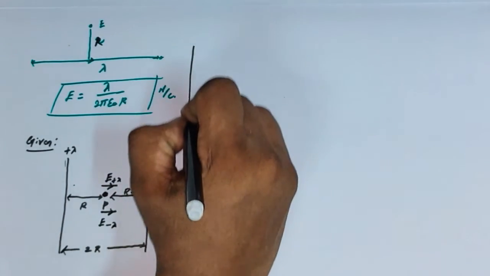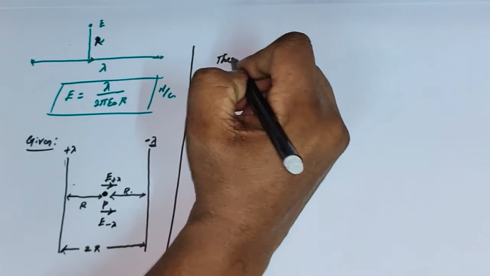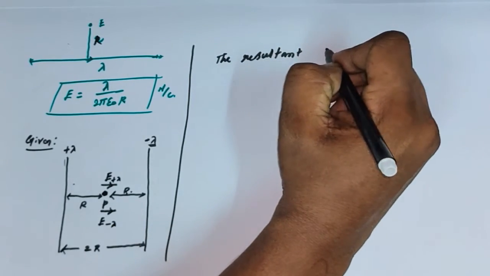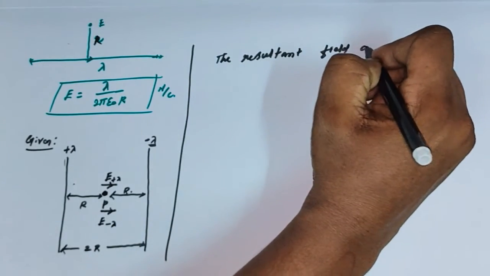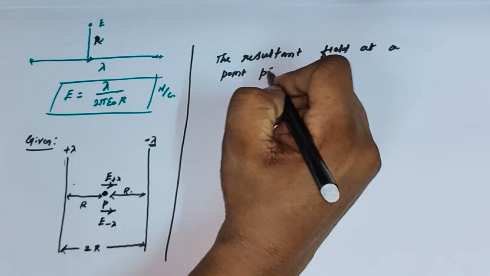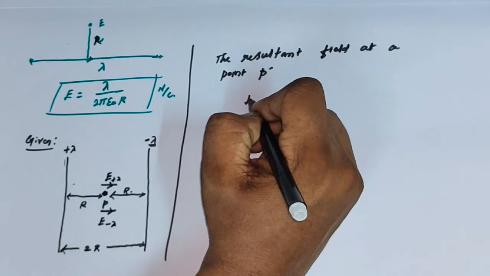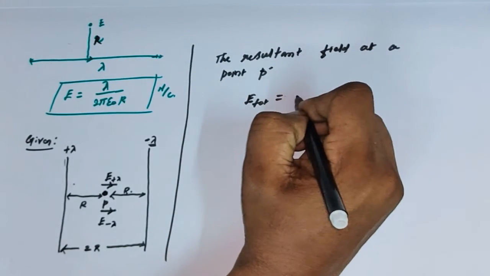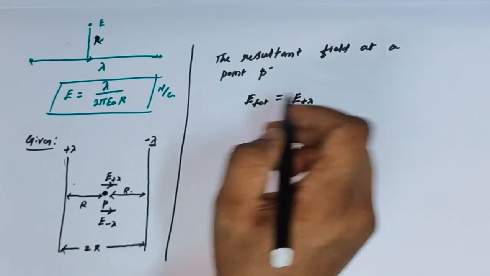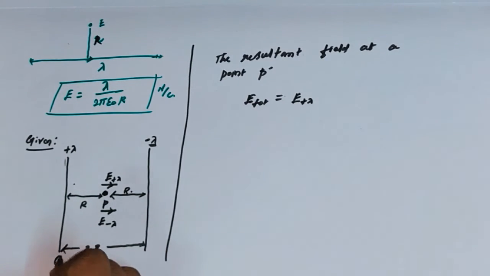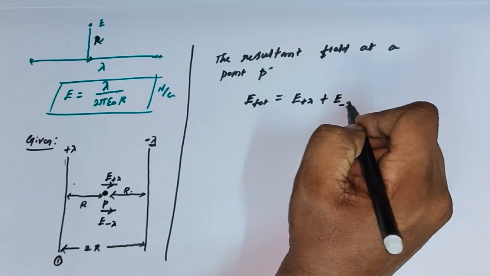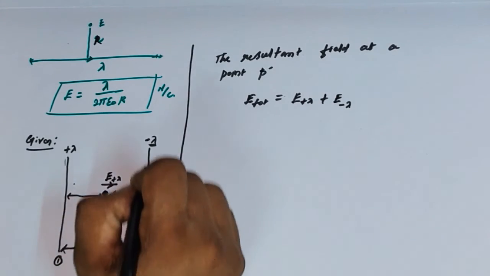So the resultant field at point P, E total, equals the electric field due to the line charge density plus lambda on the first line, plus the electric field due to the line charge density minus lambda on the second line.